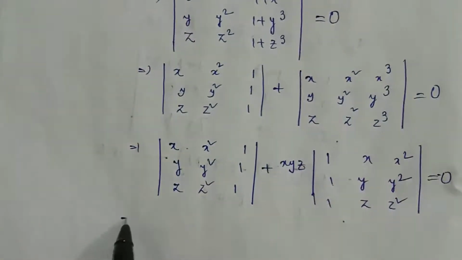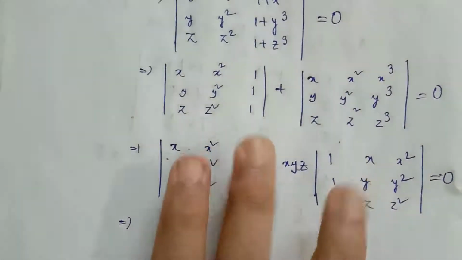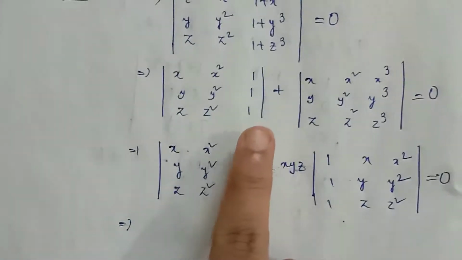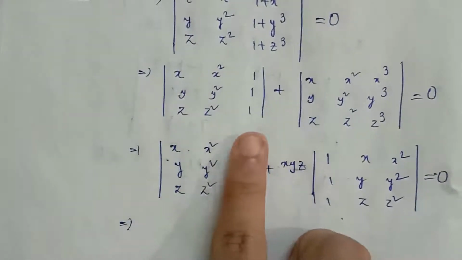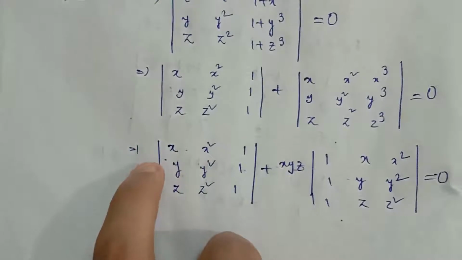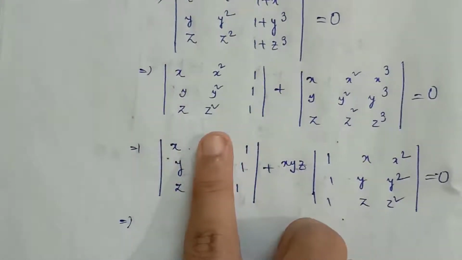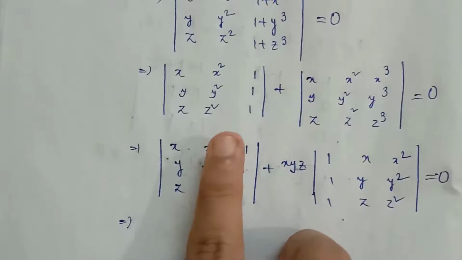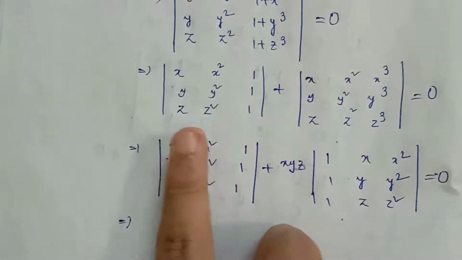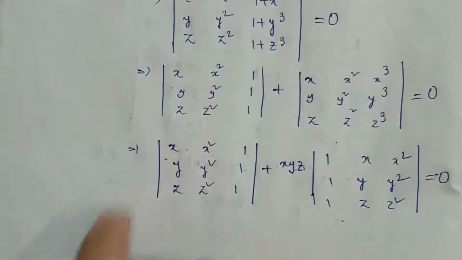Okay, now in the first determinant, first let us interchange these two columns, C3 and C2. So 1 1 1 will come here and this will go in this position. We have to write a minus sign here. Now if we again interchange, if we bring 1 1 1 here in this position and x y z in this position, our minus sign will be plus.